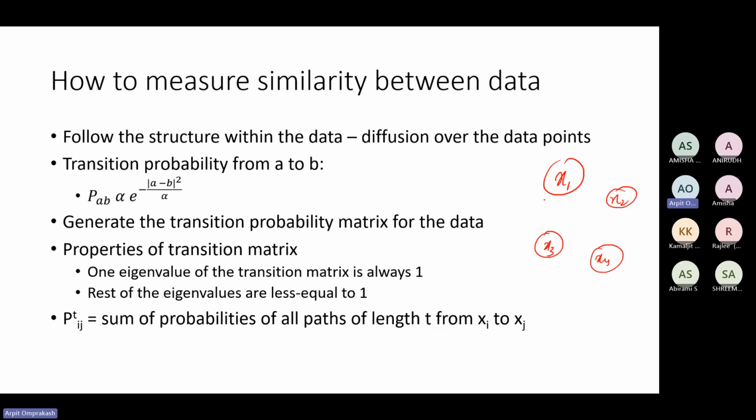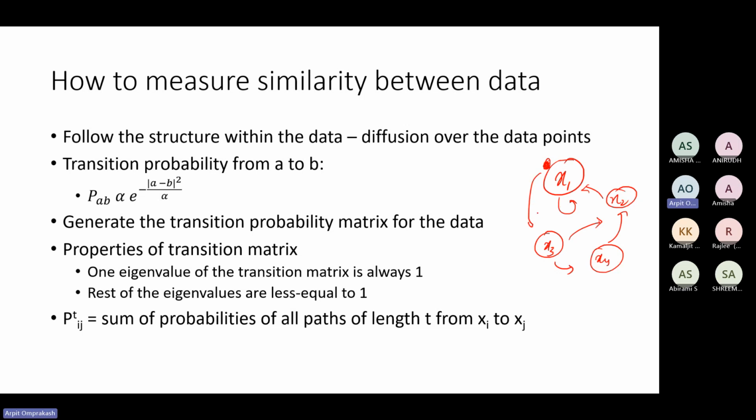Let's imagine that I have all this data plotted in the higher dimension. If I put a marble on x1 and give it time, where will it go? It can go here, then here, and it can also go to itself and so on. So this thing will transition from one data point to the other.